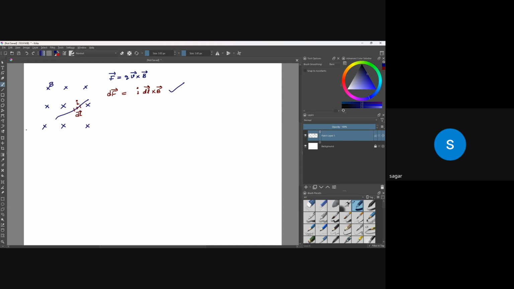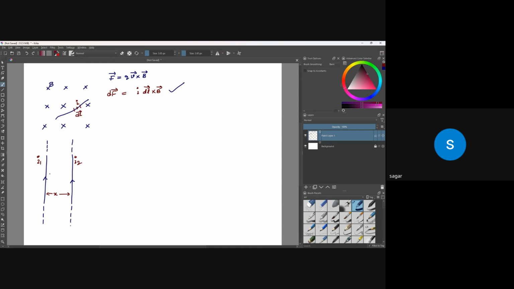Now, based on this, we have a very common case where you'll have two infinite wires, and you're supposed to find the force acting per unit length between the two wires. So this is I1, this is I2, and the distance between them is x. The question will be: find the force per unit length between the two wires.